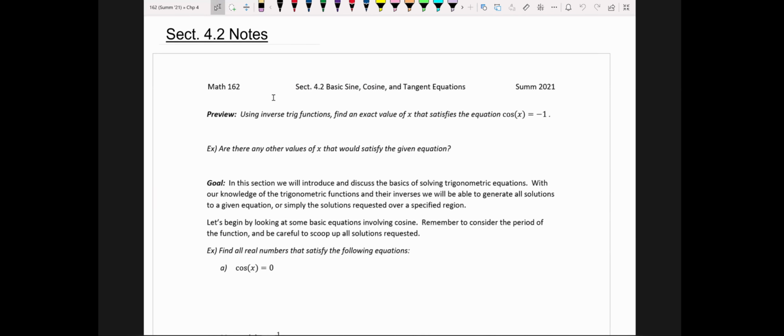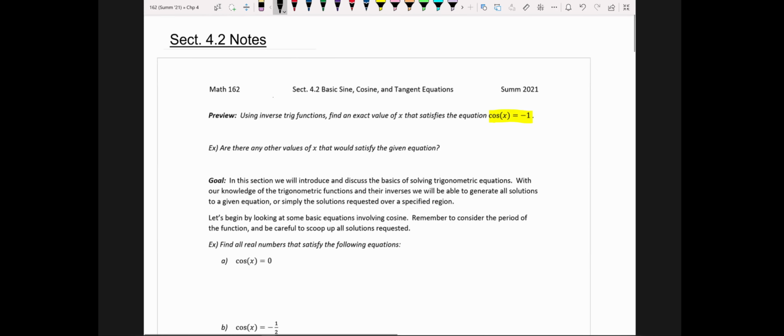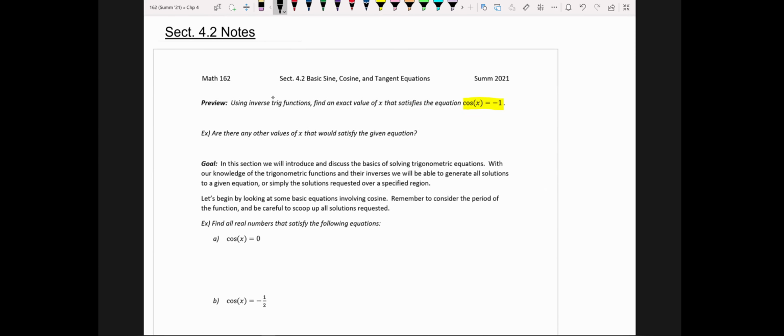To begin with, let's take a look at what they give us in the preview. Cosine of x is equal to -1. Okay, so let's start with Genesis. Looking at our unit circle, at what radian measure is cosine of x equal to -1?